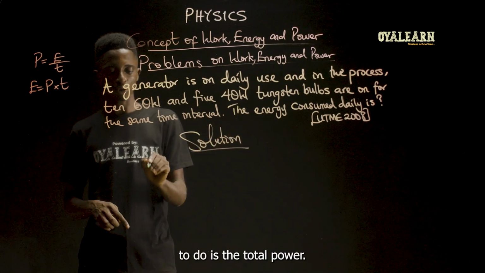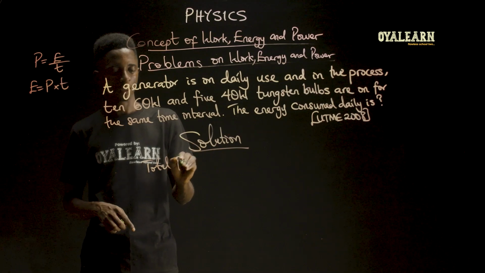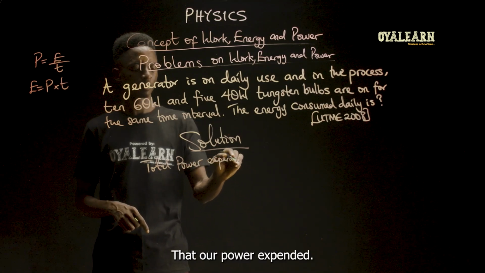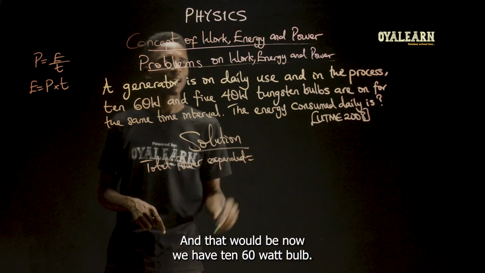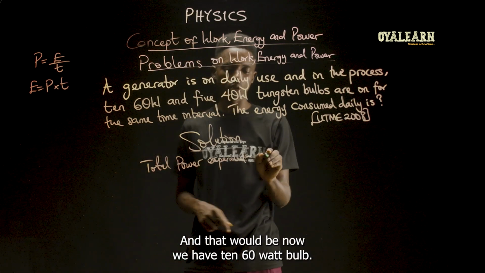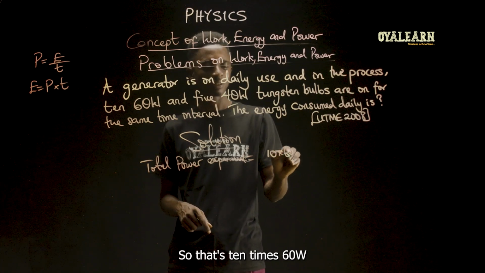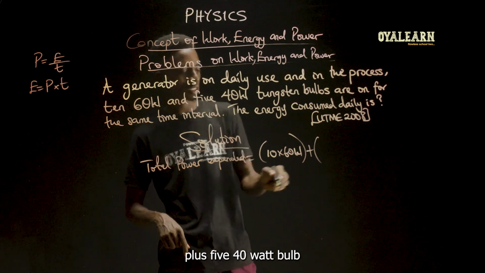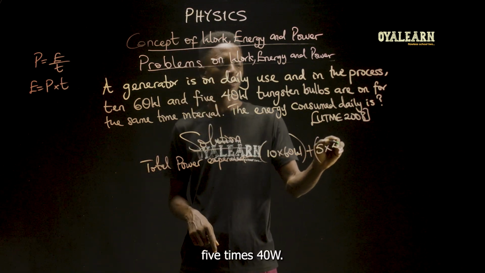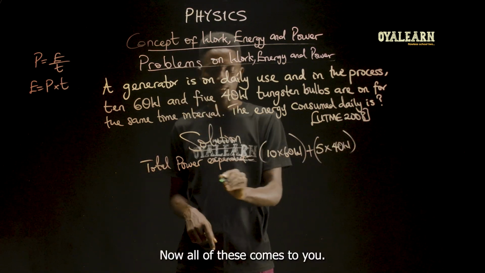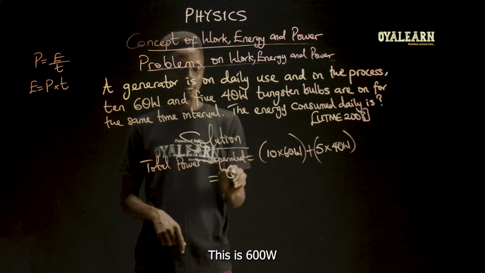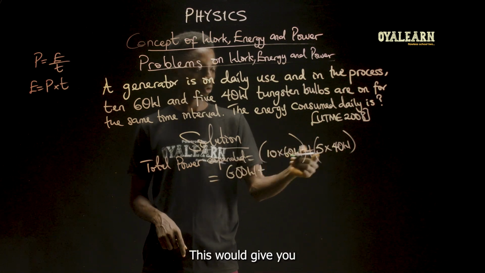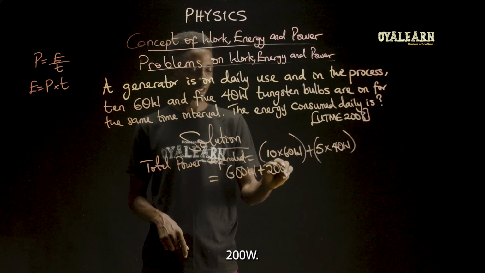The first thing we want to do is find the total power expended. And that will be, now we have 10 60-watt bulbs, so that's 10 times 60 watts plus 5 40-watt bulbs, 5 times 40 watts. Now all of these comes to 600 watts plus 200 watts.